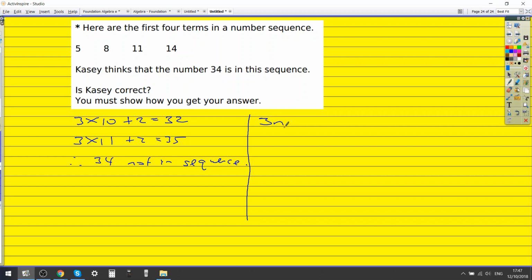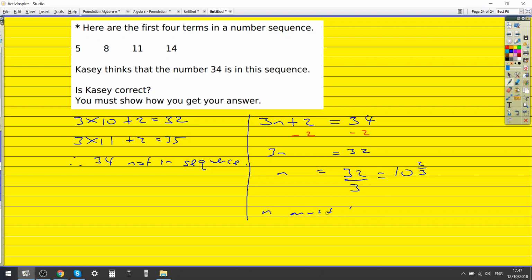The simplest way: set 3n plus 2 equal to 34, and then you solve that. So minus 2 from both sides gives you 32, so 3n equals 32, n equals 32 over 3, which is 10 and 2/3.